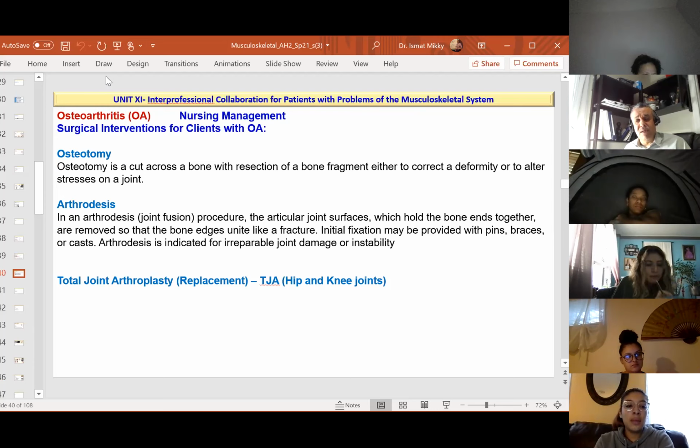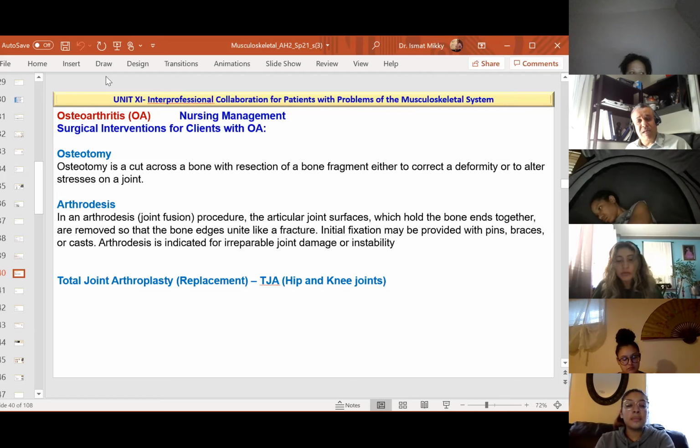Partial weight bearing is required for at least 3 months after this type of surgery to allow for healing of the osteotomy site. Osteotomy is more frequently performed on clients in their 40s, with the full expectation that a total joint replacement will be needed in the next 10 to 20 years.